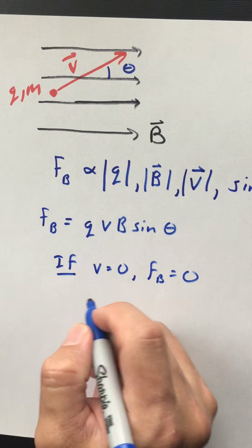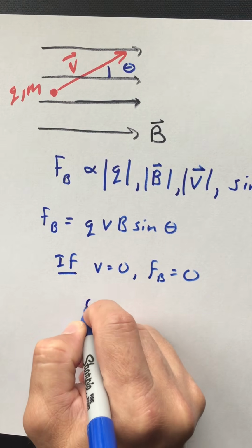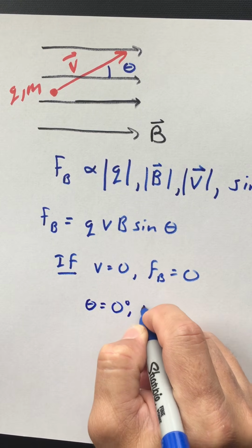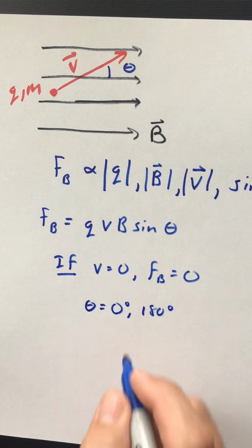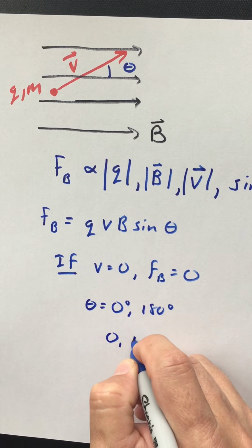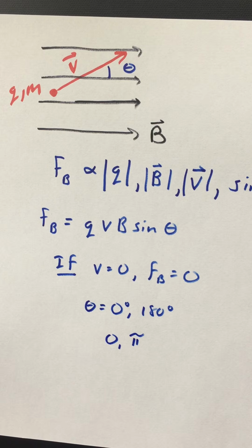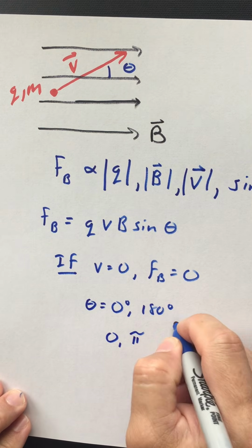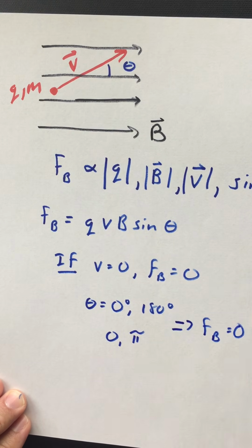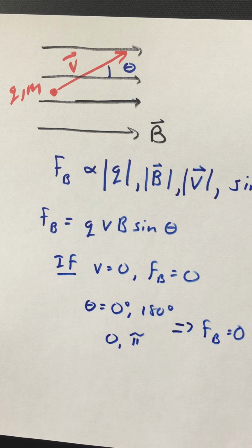We can also say if theta is equal to 0 degrees or 180 degrees, or if you prefer, 0 or pi, however you prefer to write that, degrees or radians, this means the force is 0.